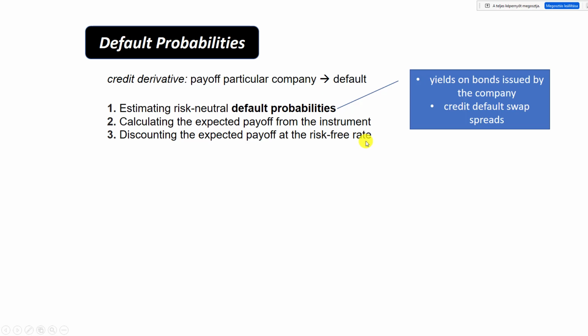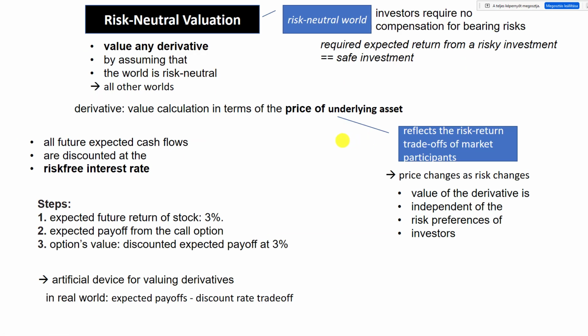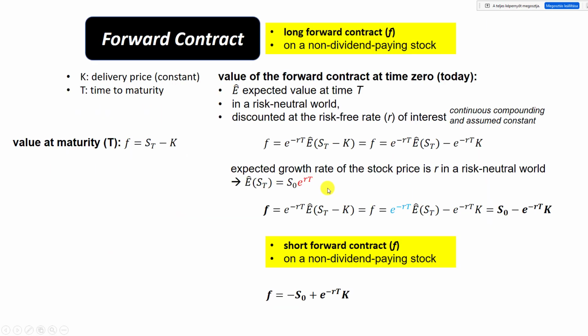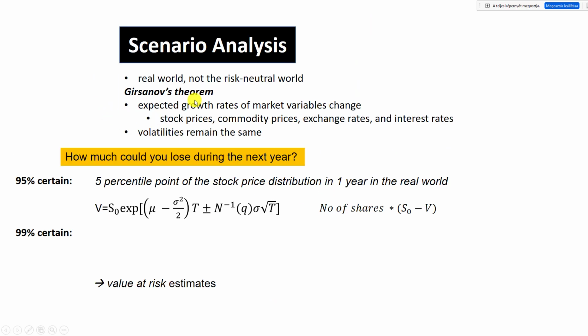So let's go back here. We can remember that price changes as risk changes. This is the background of this theorem. But volatilities remain the same.